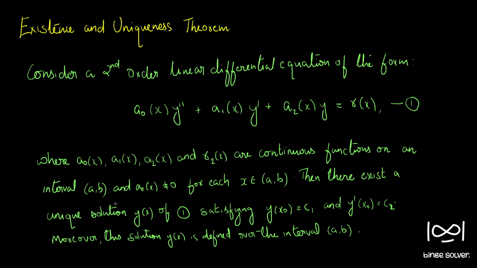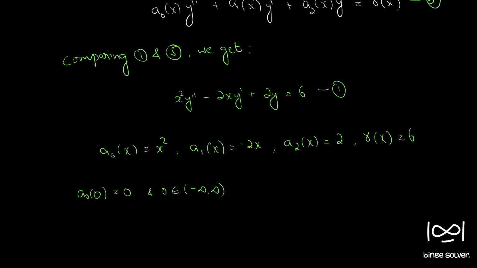Like we saw, our a0(x) was x², defined over minus infinity to infinity, and a0(x) goes to 0 at x0 equal to 0. If we take x0 as 0, it goes to 0. So in our case the uniqueness theorem fails.